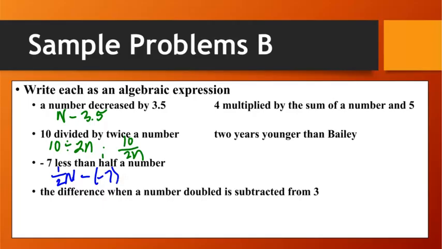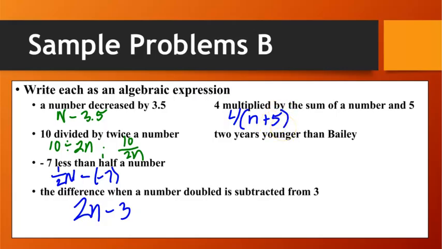So the difference when a number doubled, so if I'm doubling a number, that's 2n, is subtracted from 3. So that'd be 2n minus 3. Next, 4 multiplied by the sum of a number and 5. So 4 times the sum, the answer to an addition problem, a number, n, plus 5.